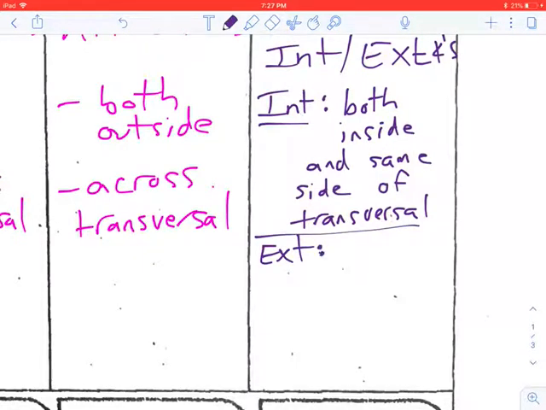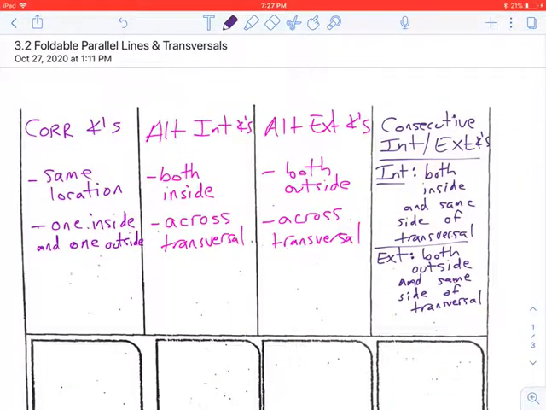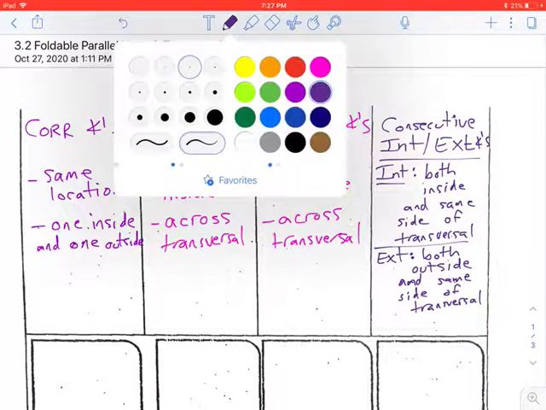So interior is right there, exterior, they're both outside of the parallel lines, and also on the same side of the transversal. Okay? So, there you have it. Those are our five types. So now we're going to put them into practice.